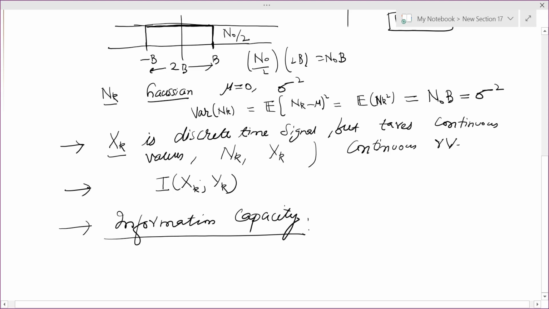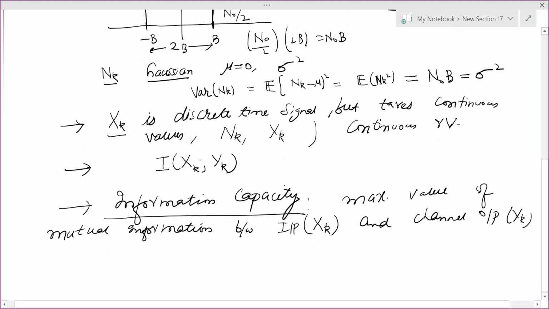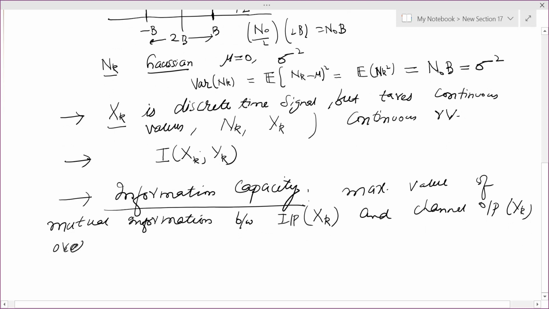It is defined as the maximum value of mutual information between the input to the channel, that is xk, and the channel output yk, with respect to all the distributions of xk.